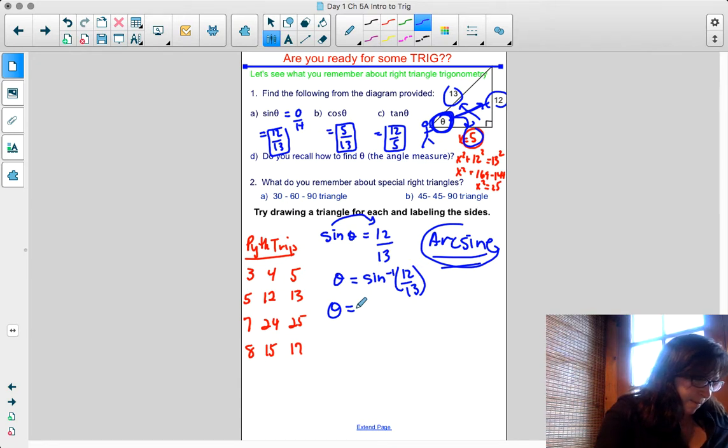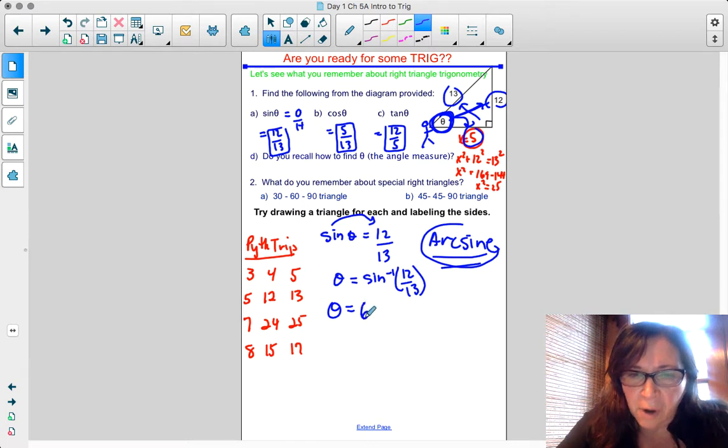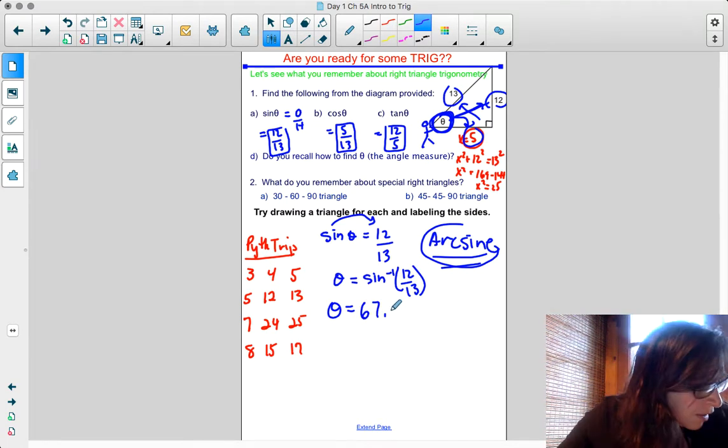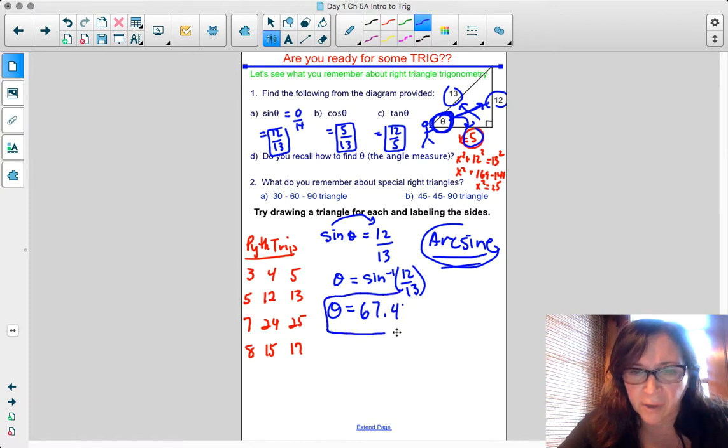Arc sine, parenthesis 12 divided by 13. That gives 0.9230. Arc sine of that is 67.38. So that's approximately 67.4 degrees. So that's the value of the angle.